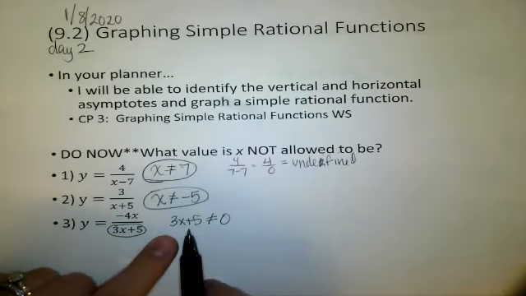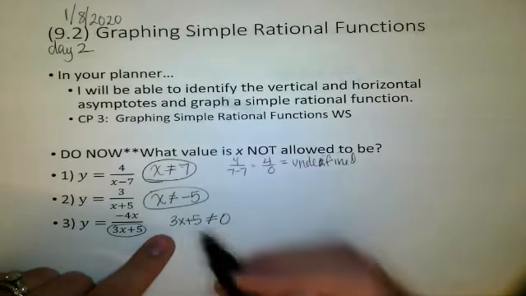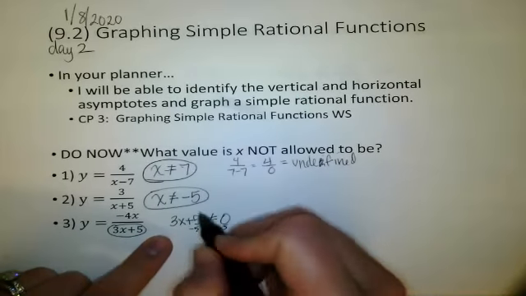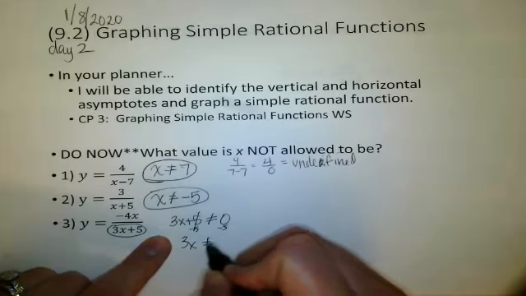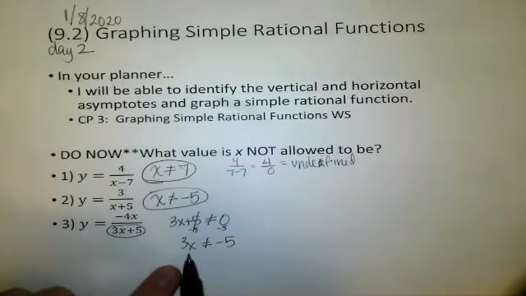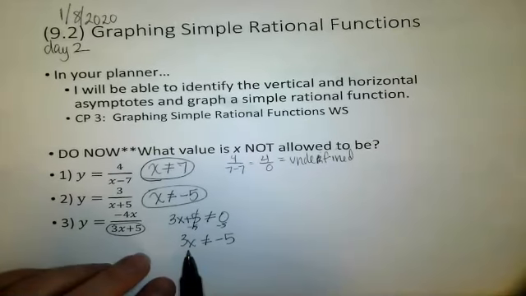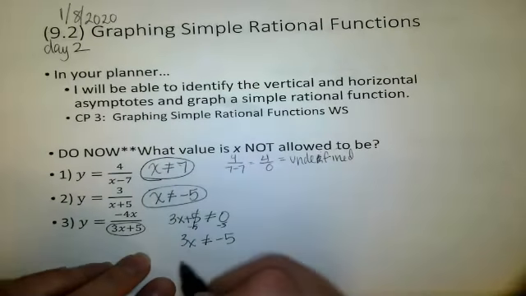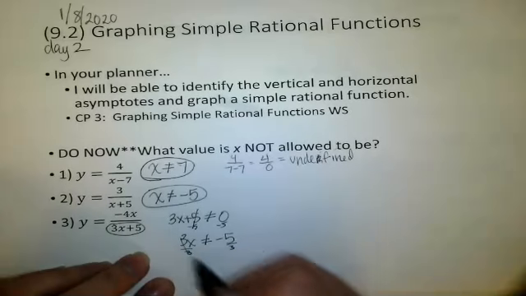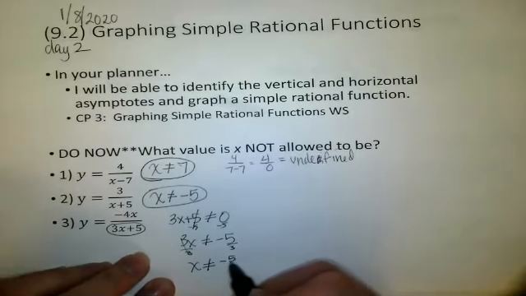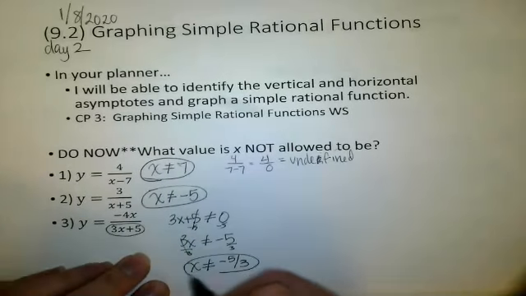How do we solve for x? Subtract 5, yep, so we're going to subtract the 5. So 3x is not allowed to be -5. And then, how do you get x by itself? Divide by 3. So we have x is not allowed to be -5/3.